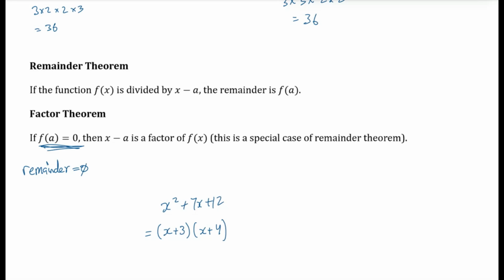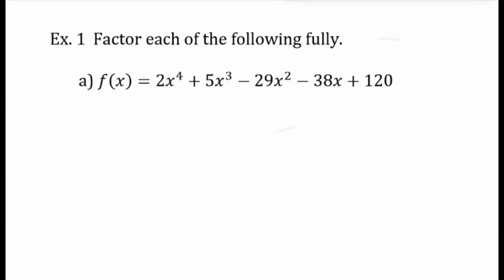We don't really call them primes, but it's kind of like that. If you can keep factoring, then you do, until you can't anymore. Okay, does that make sense? So that's what we're aiming for. That's our goal. Any questions? All right, let's try it.